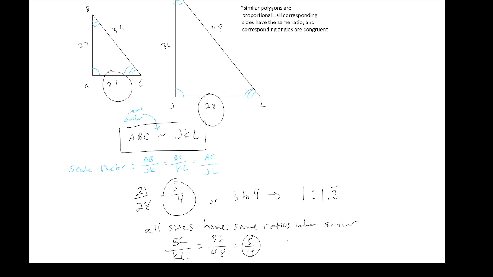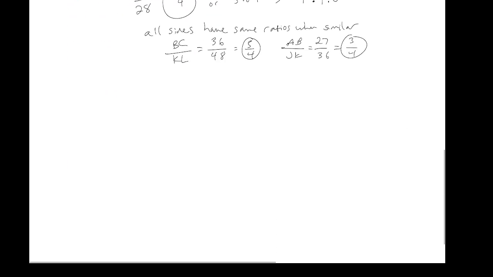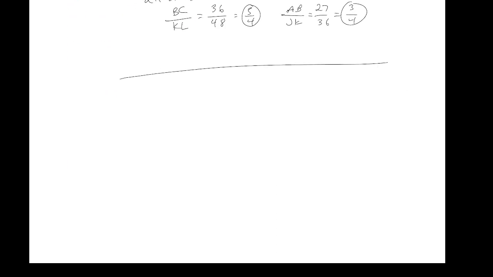We need to do AB, which is going to correspond to JK, or 27 to 36, right? Which of course reduces, divide both by 9, and we get 3 to 4, right? When we reduce it. So all of those will have the same scale factor, but then we go back and they will have congruent angle measurements that are corresponding.